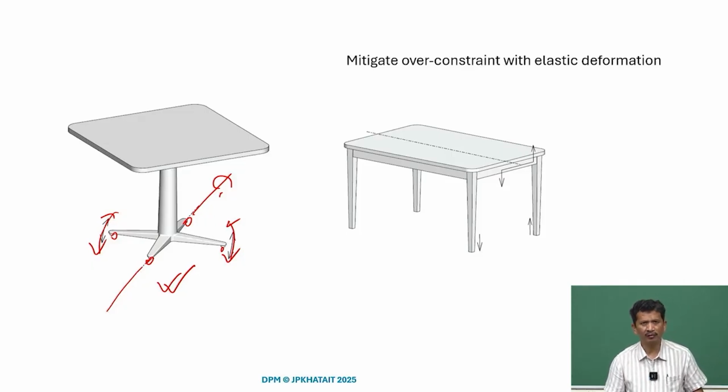But if we really want to use 4 legs to improve the load sharing and even the stability, and we want it to always be stable, and not rock, then what we have to remember is the elastic deformation. We can mitigate over constraint by providing elastic deformation.